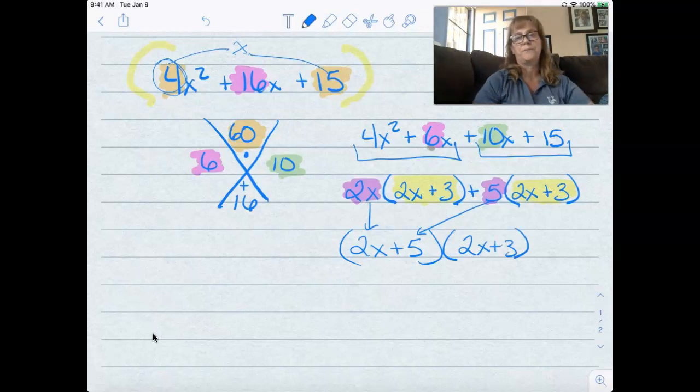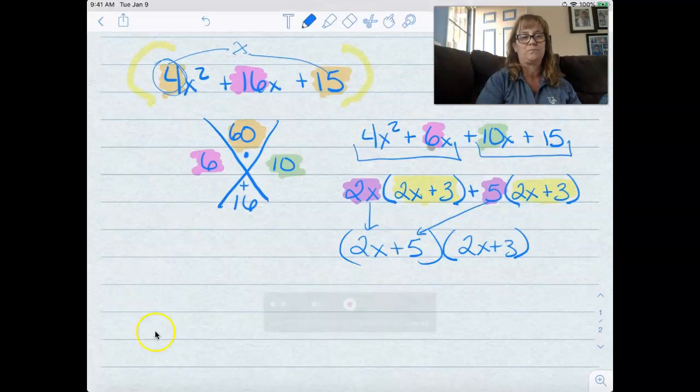Just brought that straight down. This is 4x squared plus 16x plus 15 factored. You can multiply those back and prove to yourself that you did it, but I'm not going to take the time today to do it because I want to try one more example here for you.